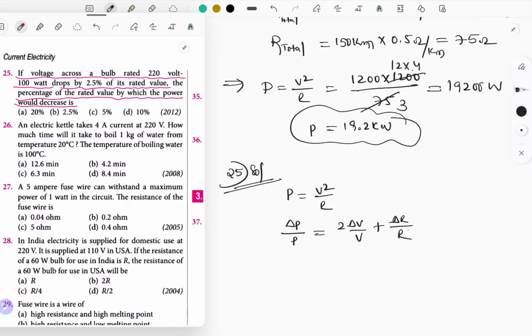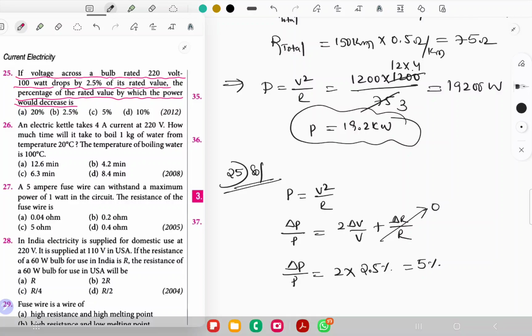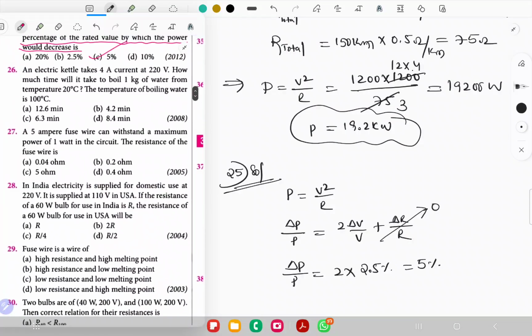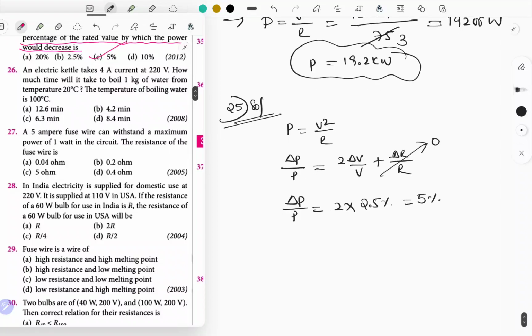Is there any change in resistance of the wire? No, change in resistance is equal to 0. Then delta P by P is equal to 2 times of change in voltage 2.5, which is equal to 5%. Power is going to change by 5%. So here as voltage is decreasing, power also decreases by 5%. That's the answer. Option C is the correct answer for question number 25.